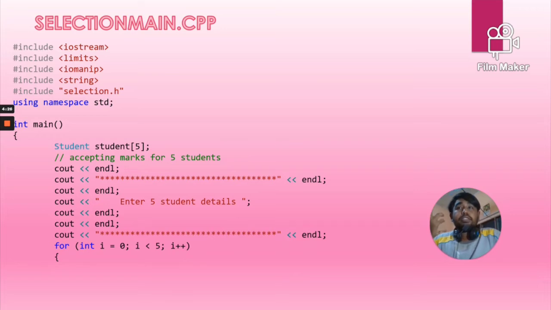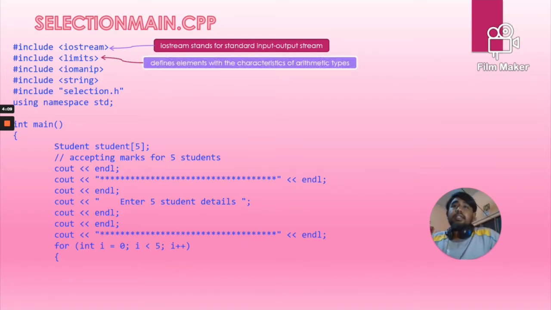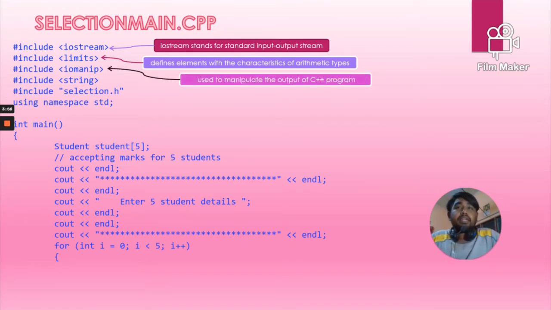So what is include iostream? Include iostream is the standard input output for our coding, which is cin, cout, etc. Then for limits: limits is a characteristic of arithmetic types, which is numerical limits in our coding. Then iomanip is defined as a manipulator of output of a C++ program.